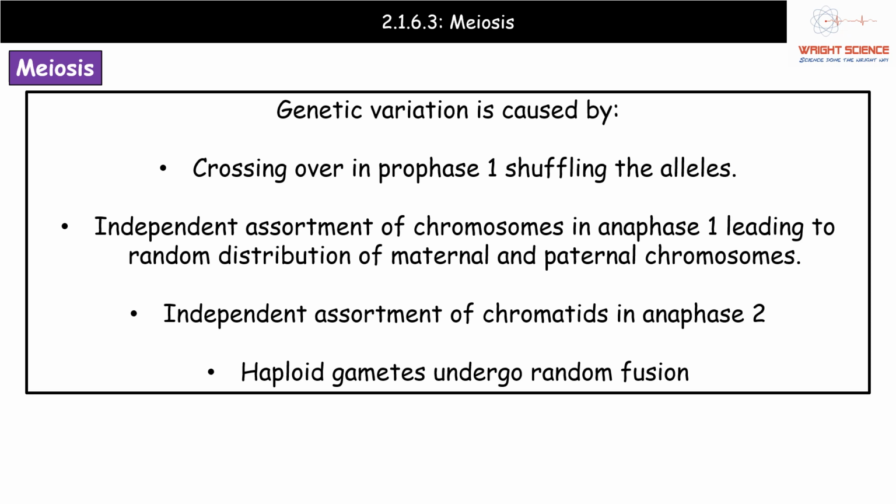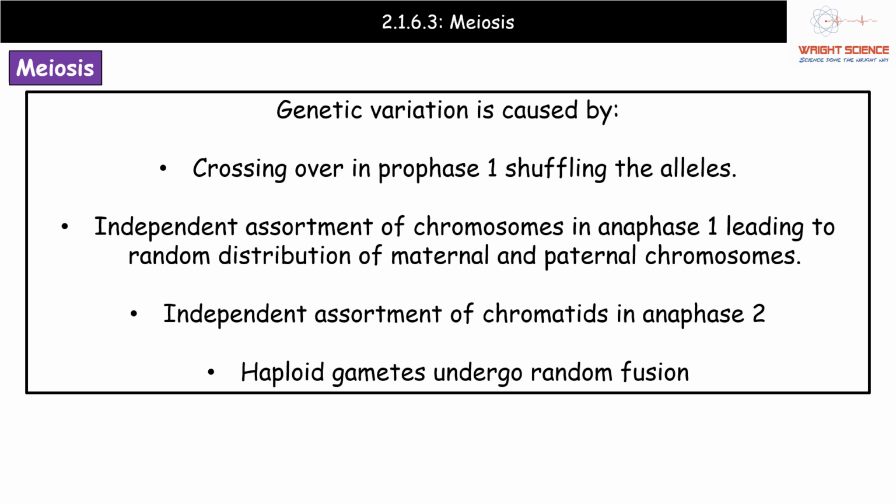Second way is the independent assortment of chromosomes, and that's in anaphase 1. So what we're going to see is a random assortment of the maternal and paternal chromosomes. Third way, independent assortment of the chromatids in anaphase 2. And the last one, once we've made all of these haploid gametes, the process of reproduction requires fertilization, and therefore we've got random fusion. It's completely down to chance as to which of the male cells is going to fuse with which of the female cells.